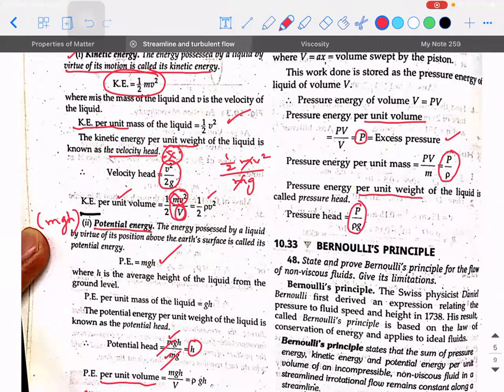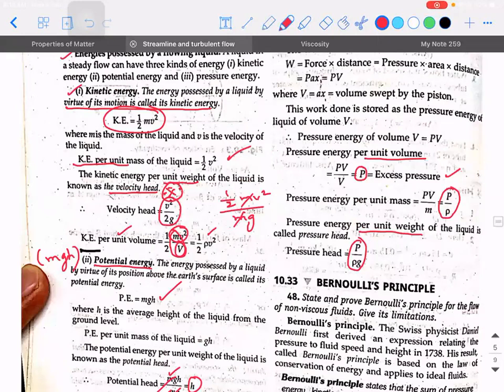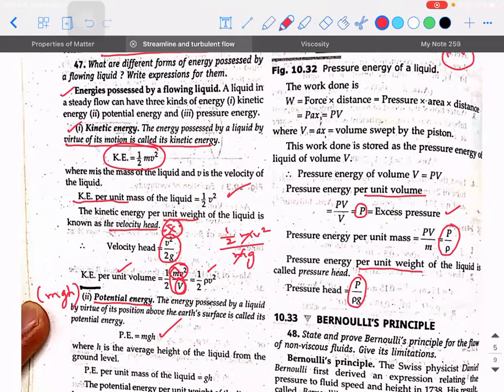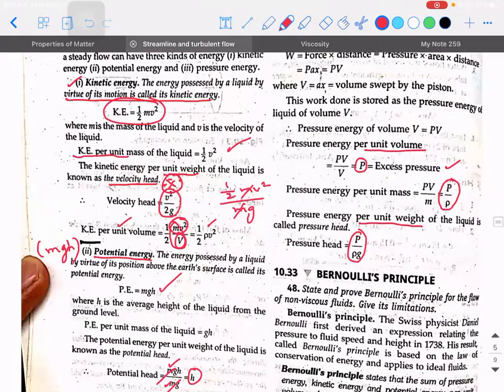So, if you see, you will first define the energy. Second, you will define the energy per unit mass. Then you will define the energy per unit weight. Any energy per unit weight is what is called that head. For example, kinetic energy per unit weight is called velocity head. Potential energy per unit weight is called potential head. Similarly, pressure energy per unit weight is what is called pressure head. That is P divided by rho into g.